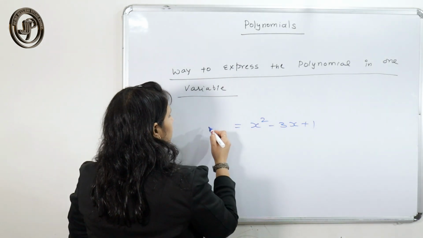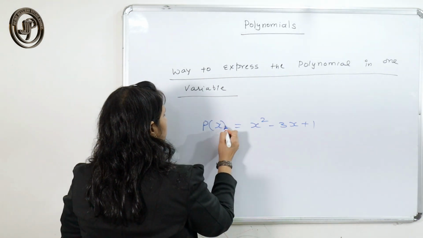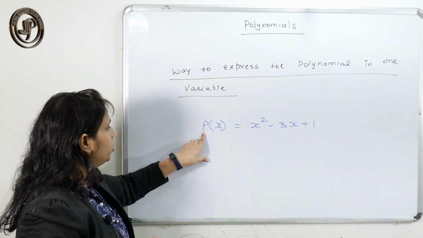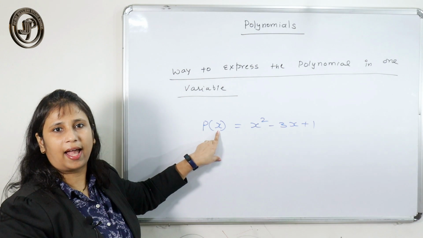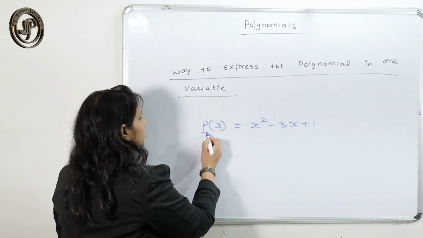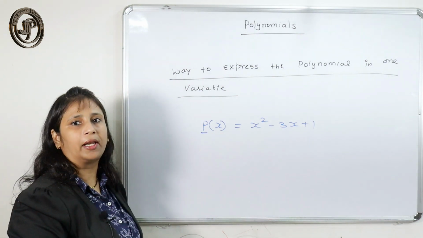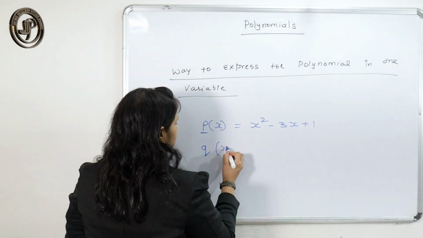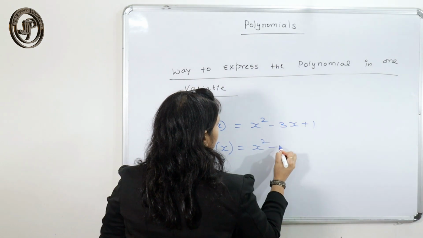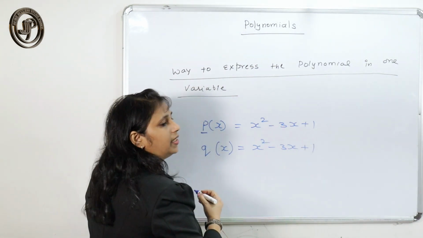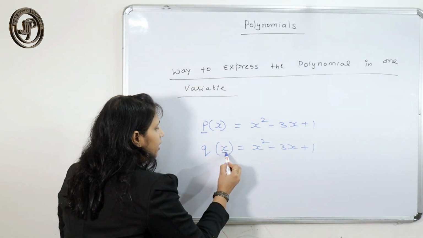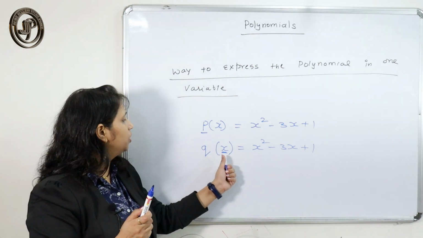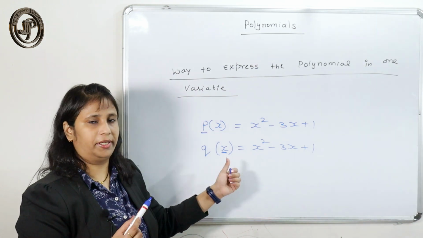So I can express this polynomial as p(x). This signifies a polynomial of variable x. It is not necessary that I should write the letter p. I can use any other letter, like I can express this as q(x). But the important thing is that this signifies that my polynomial is with variable x only.